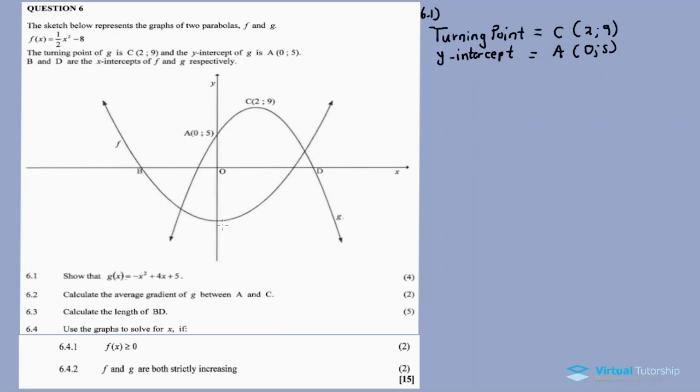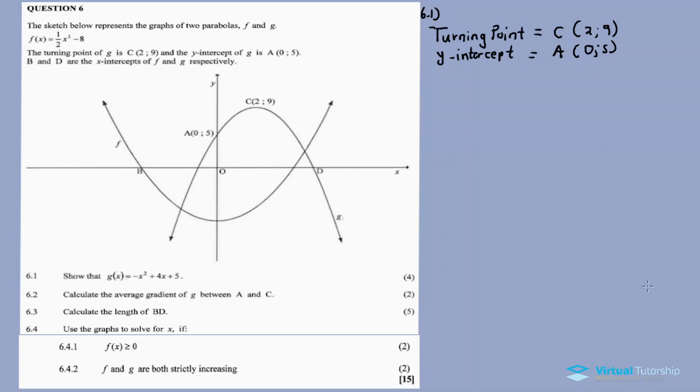These are the only points we have to help us calculate the equation for function g. Especially for a parabola, if we are given a turning point and any other point on the graph, for instance the y-intercept, it doesn't have to always be the y-intercept, right?